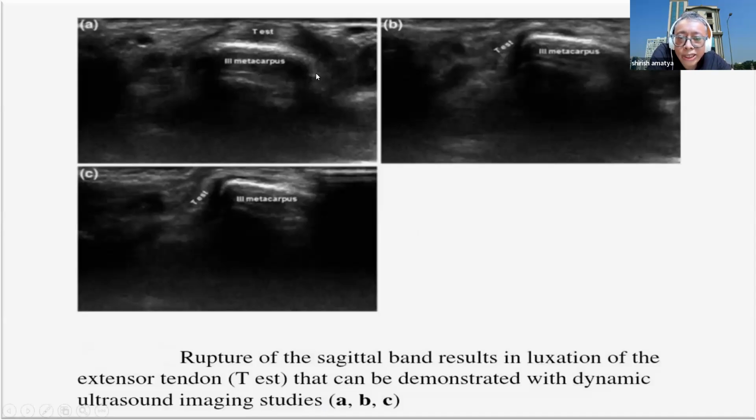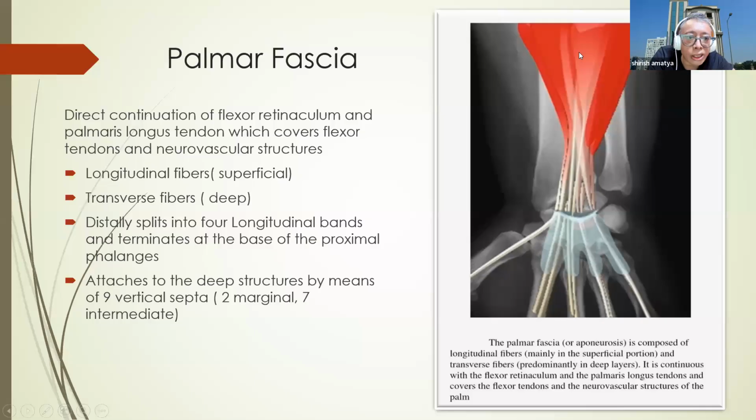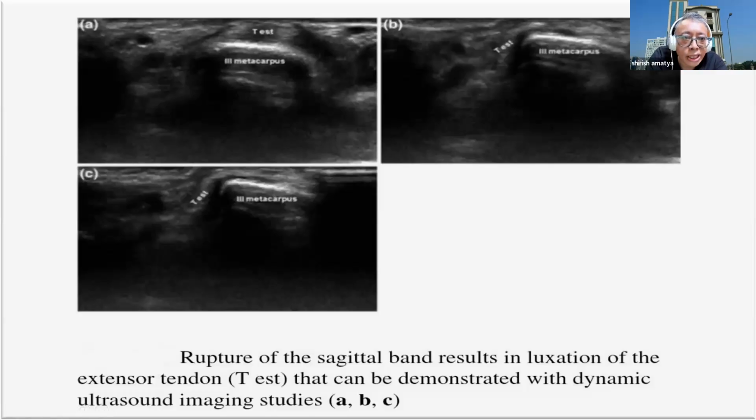This picture is taken when the finger is extended, but when the patient flexes the fist or flexes the finger, you can see the extensor tendon is no more just above the metacarpal head. It has dislocated to the lateral side, and this dislocation usually occurs on the opposite side of the rupture of the sagittal band. So in picture B, since the tendon is on the left side, the right side of the sagittal band is ruptured.